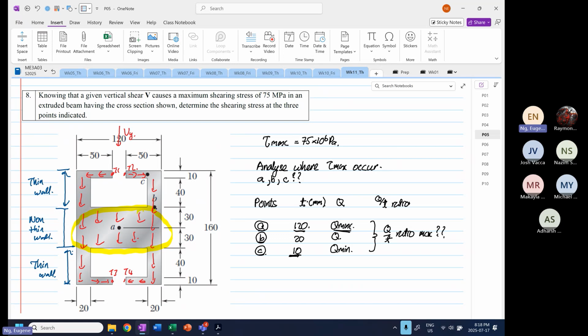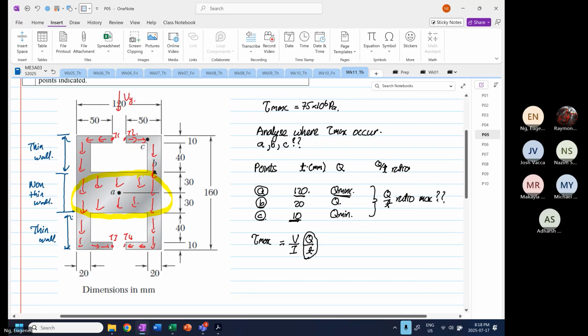So now the thing is this: we are given tau max, and tau max is equal to V over I, and we're going to find our Q over T ratio. So knowing our Q over T ratio, we have to determine the position of tau max.